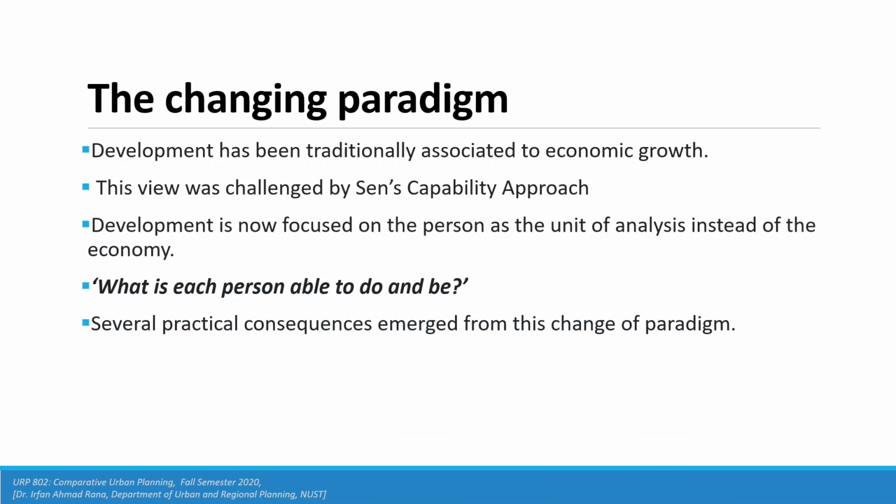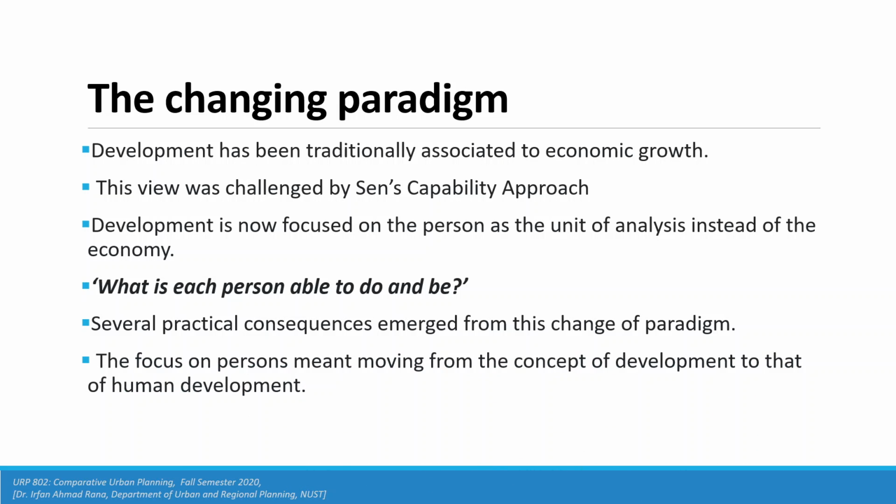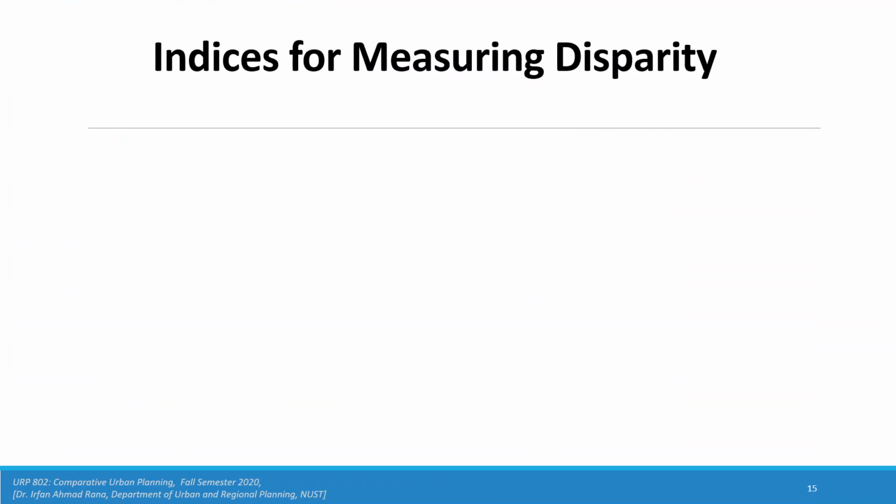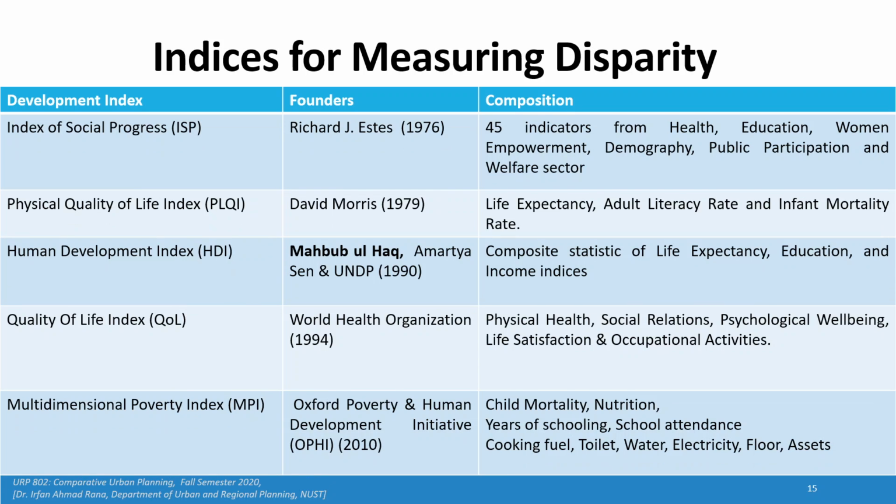So he basically proposed a change in paradigm, converting from the concept of economic development towards human development. He was one of the pioneers who, with Mahbub ul Haq, gave the famous Human Development Index. That is the HDI, which is a composite of life expectancy, education, and income.